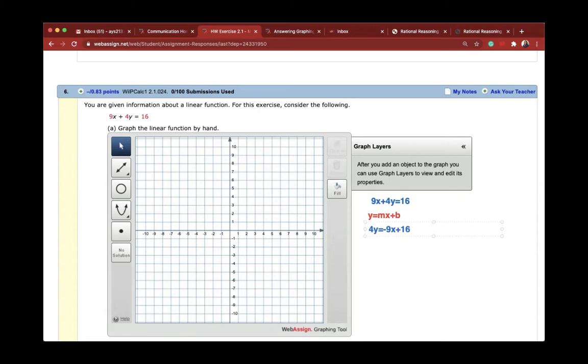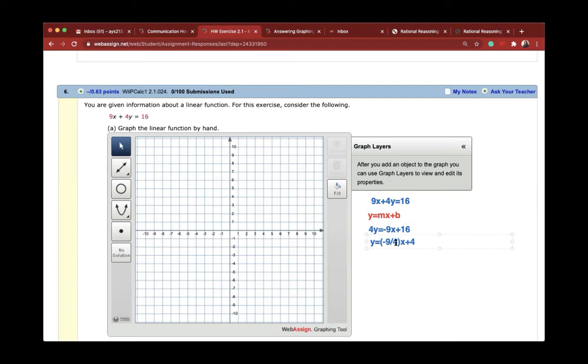But that's still not the y equals mx plus b form, so we need to divide both sides by 4. When we do that, we will get y equals negative 9/4 x plus 4. Remember, all I did was divide by 4 on the left-hand side and all the values on the right-hand side.